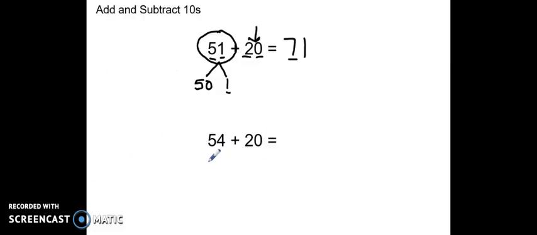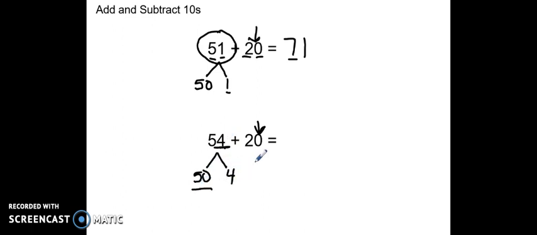So let's try another problem. Here we have 54 plus 20. Again, we are adding 2 2-digit numbers, but the second number has a 0 in the ones place. That means that this ones will not change in the answer. So we can start again by breaking this first number into tens and ones. So 5 tens is 50, 4 ones is 4.